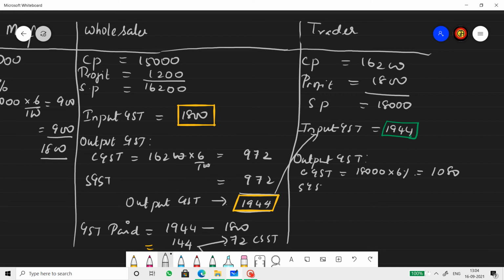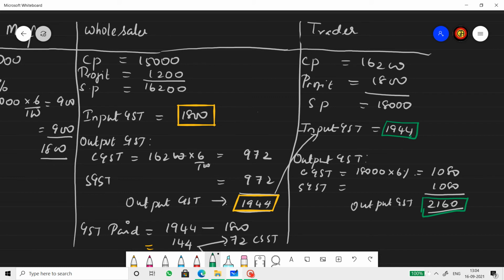And SGST will also be the same figure, 1080. So total output GST is 2160. So let's make a point to this.